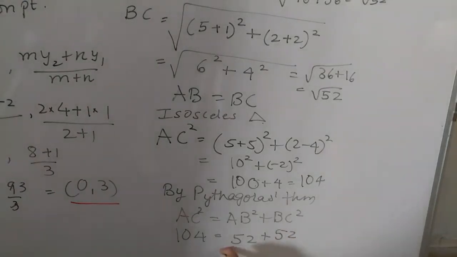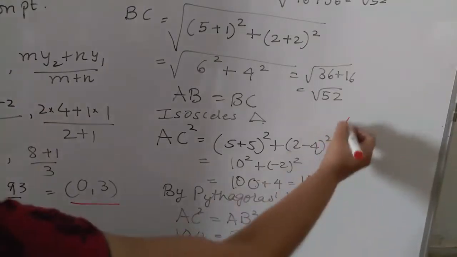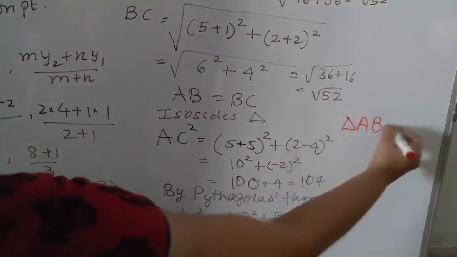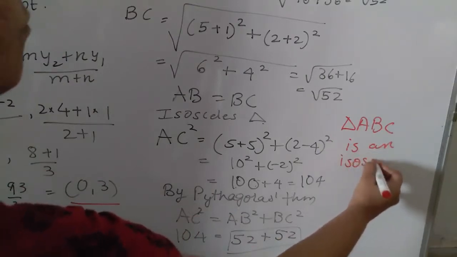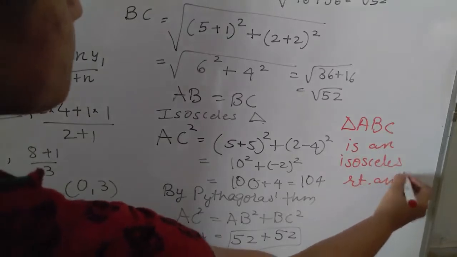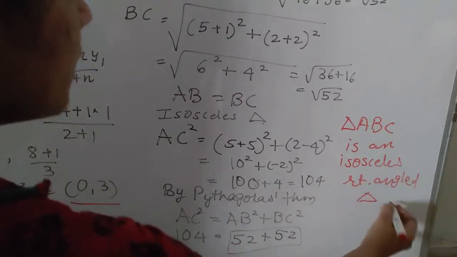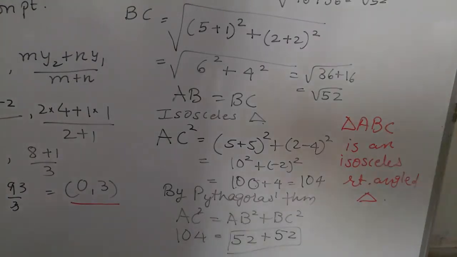It means this value is also 104. So here we can say that triangle ABC is an isosceles right angle triangle. Okay, so the first part we have proved, that triangle ABC is an isosceles right angle triangle.